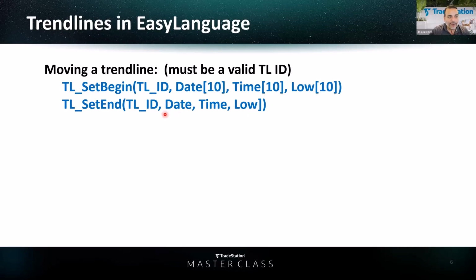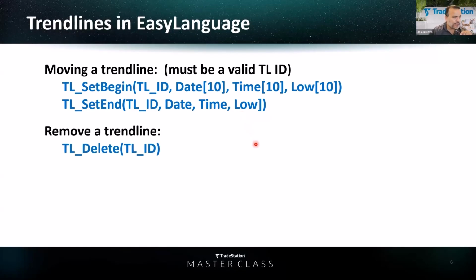And for the end, you need a date, a time, and a low as well. So the begin and end are separated, not as in TL_New, where you have all 6 parameters inside one expression. Here we have them separated because in some cases you may want to adjust the first anchor point or the ending anchor point. So it gives you the option to separate them here as well.